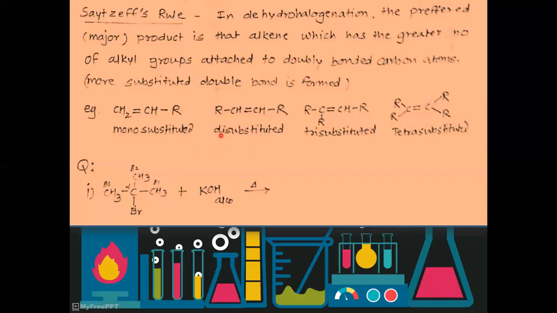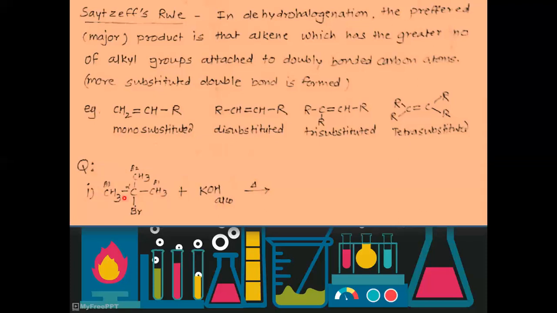Now let us see one example. First, CH3C(CH3)2CH2Br. Here this carbon is the alpha carbon, and these are beta 1, beta 2, and beta 3, when it reacts with alcoholic KOH.